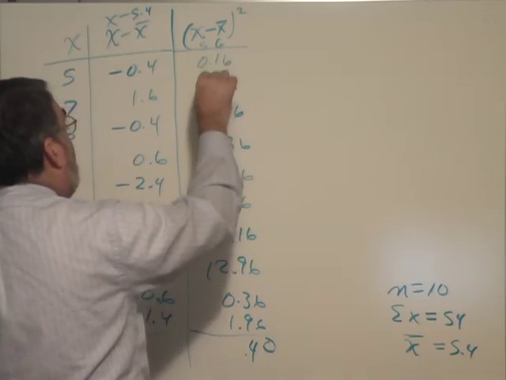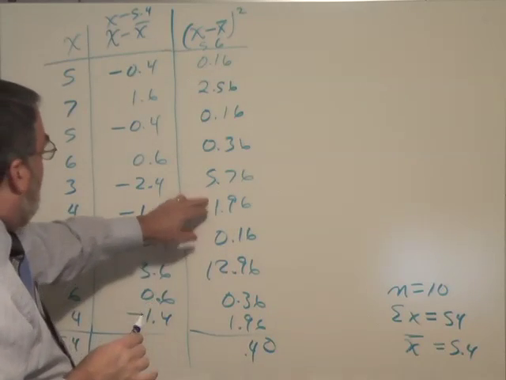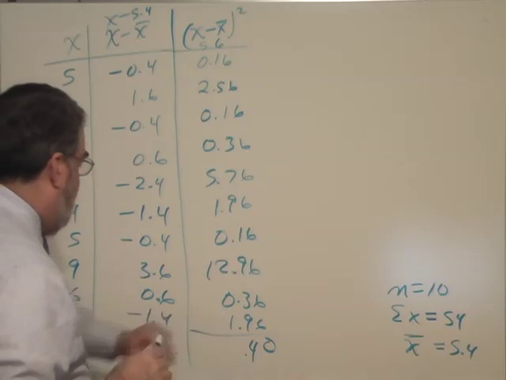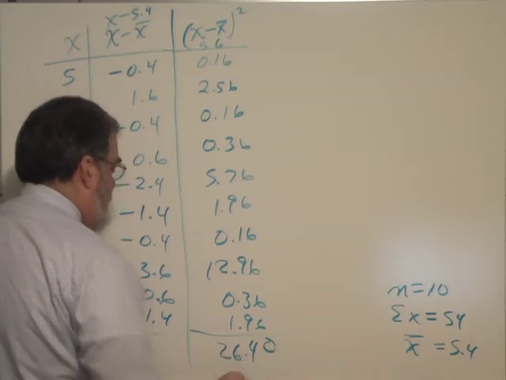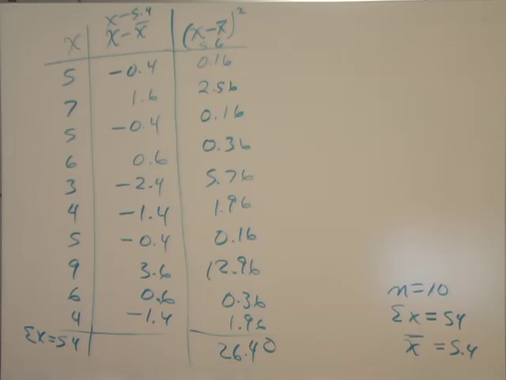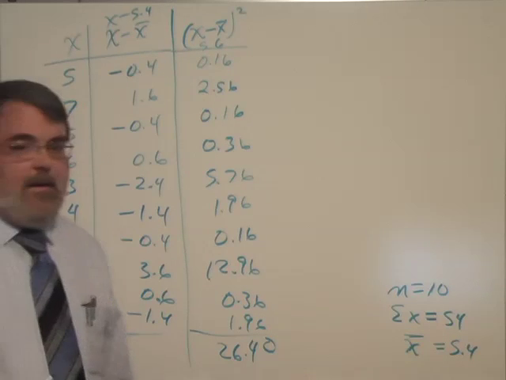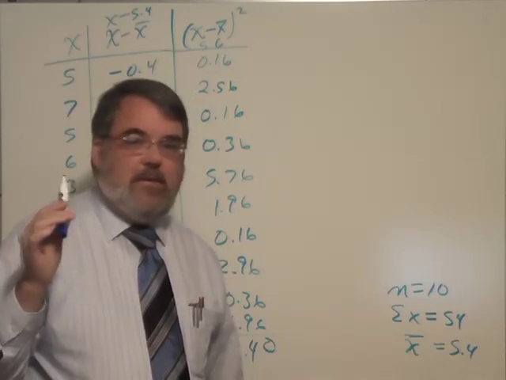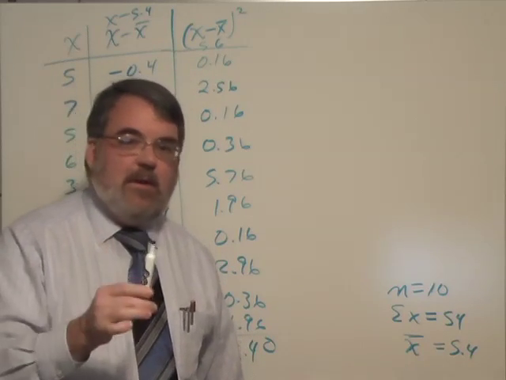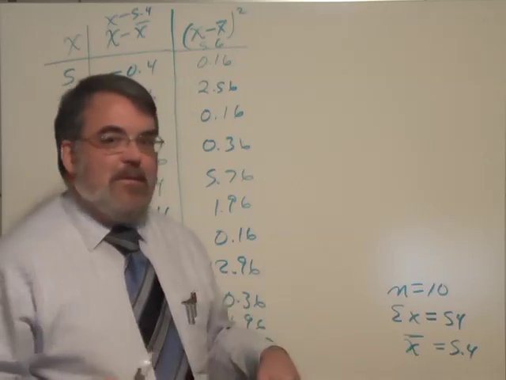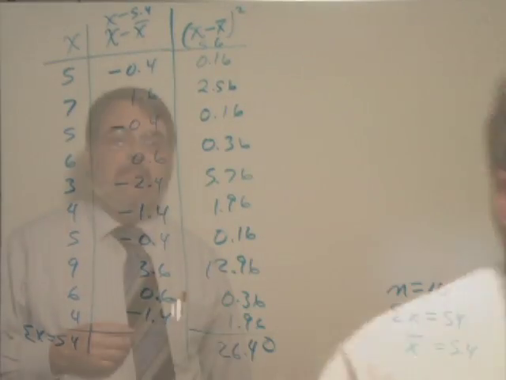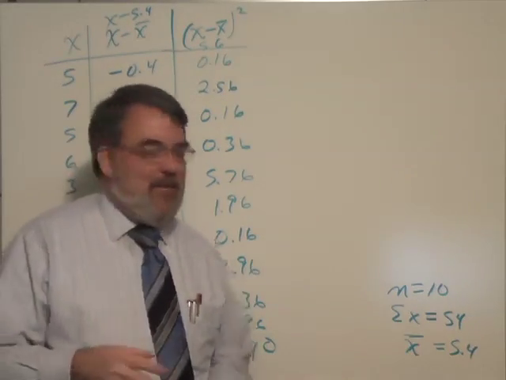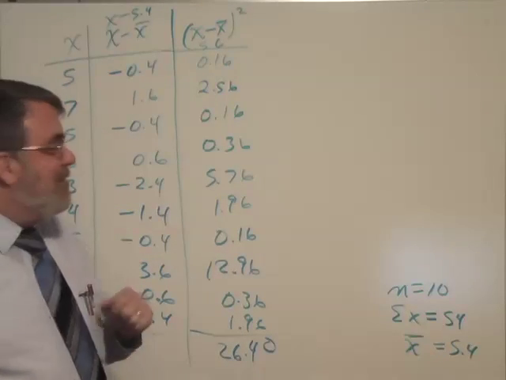Carry the 5. 5, 7, 8, 13, 25, 26. 26.40. Alright, I sure hope that's correct. I'm going to just interrupt a minute because I want to save what I've done so far, and I'm going to double check that addition here. I'm back, and I'm happy to report that all this is correct.